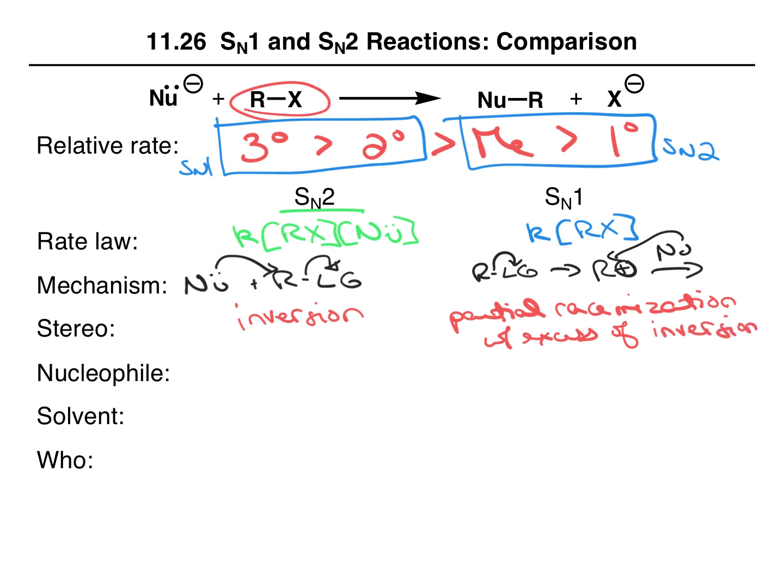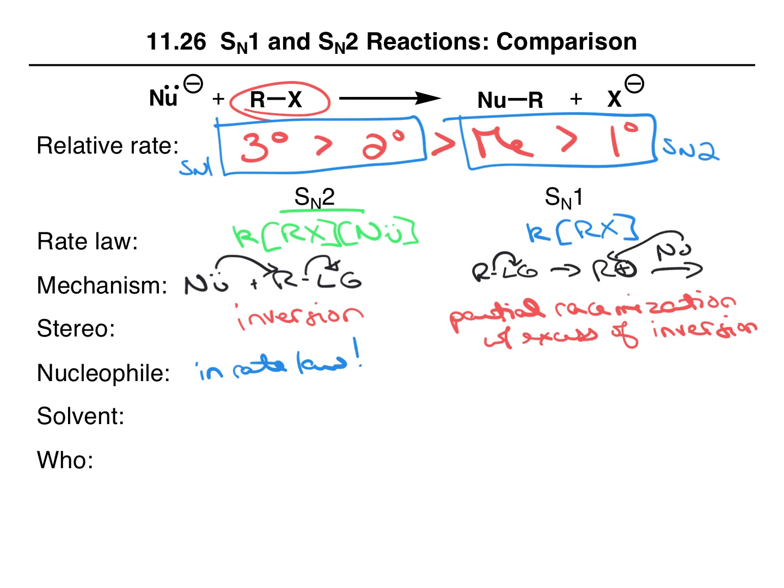For SN2 reactions, the nucleophile is in the rate law, and so the nucleophile can greatly influence the rate of the reaction. So both the concentration of the nucleophile and the identity of the nucleophile will make a difference. The better nucleophile leads to the faster reaction, and there are many different characteristics that we need to pay attention to when considering nucleophilicity.